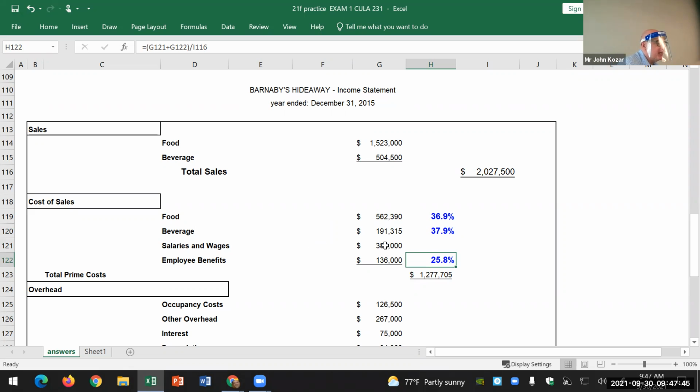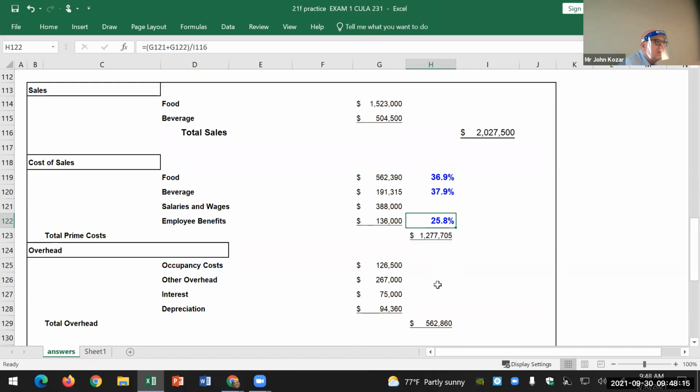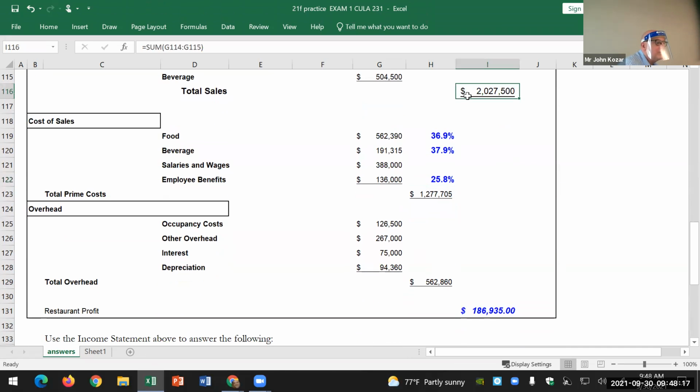Then labor cost percent, we have to add salaries, wages, and benefits because that's our total labor cost. So those things added together, and then we divide it by total sales, and you should get 25.8%. Okay, then the profit is equal to total sales.